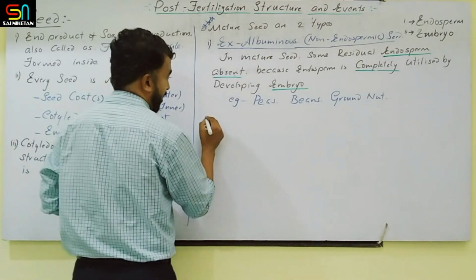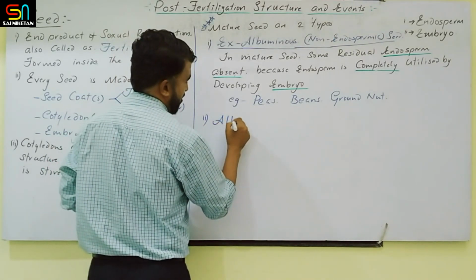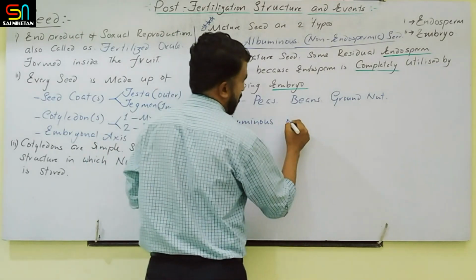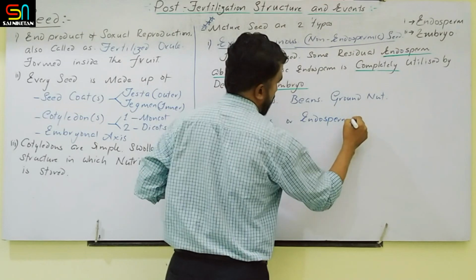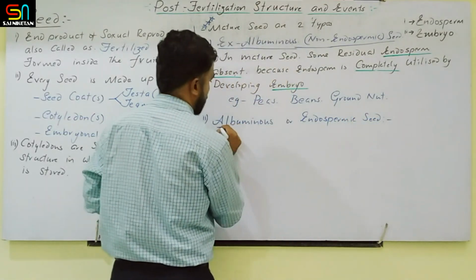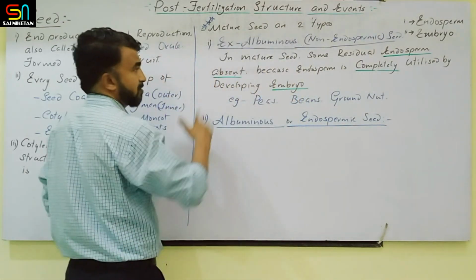Now, the second type of seed is called albuminous or endospermic seed. It is the opposite case.